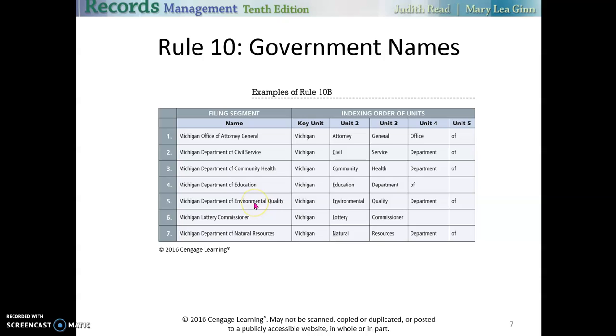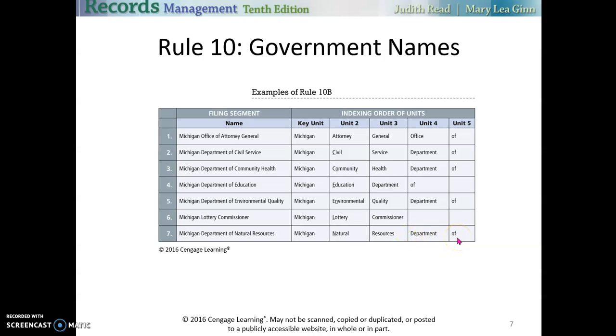Michigan Department of Environmental Quality, key unit Michigan, name of the department, environmental quality, department of. Here we don't have a department name or an office name, so it is just Michigan Lottery Commissioner. And then finally, we have Michigan Department of Natural Resources. Again, Michigan key unit. The department is Natural Resources, and then department of.